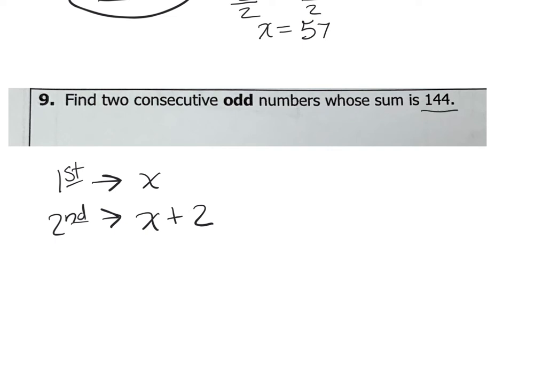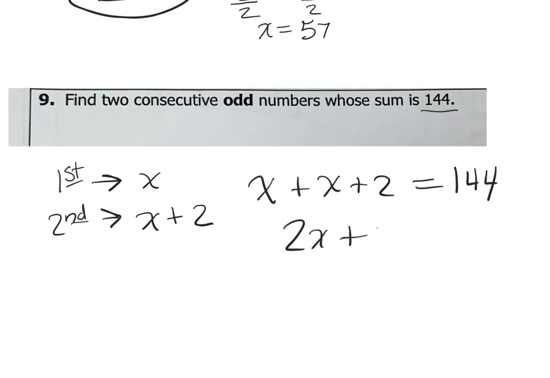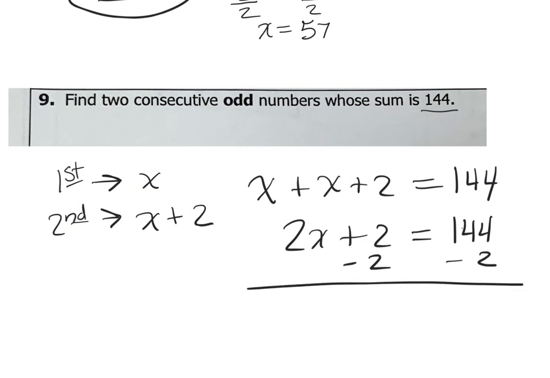Okay, so now the sum is 144. So I just add them together. X plus x plus 2 is going to equal 144. Combine your like terms. 2x plus 2 equals 144. You'll need to subtract that 2 over. So 2x equals 142.